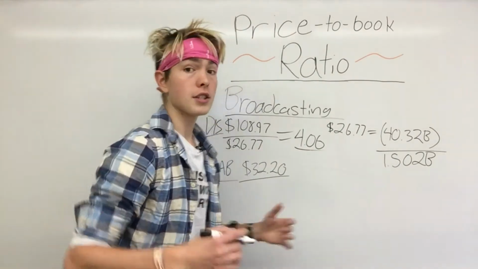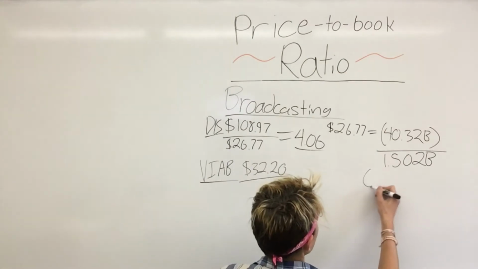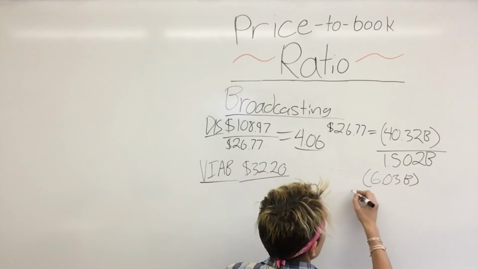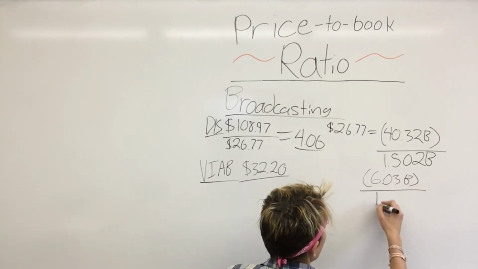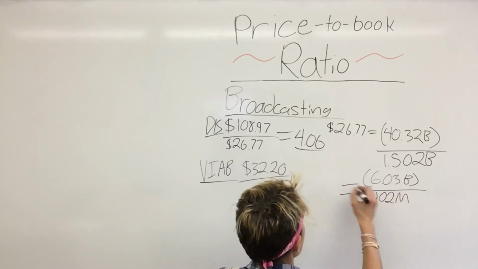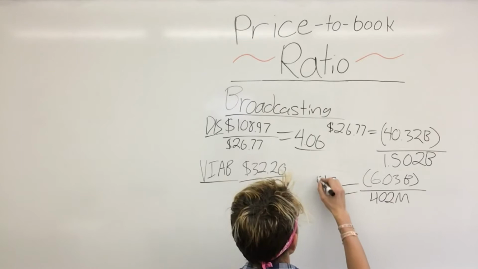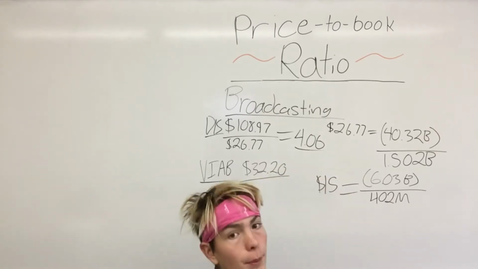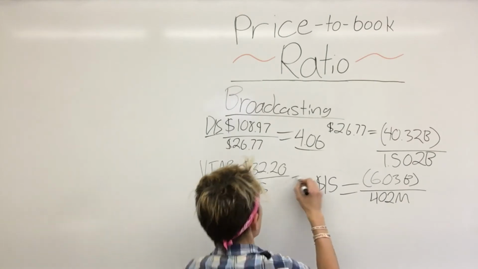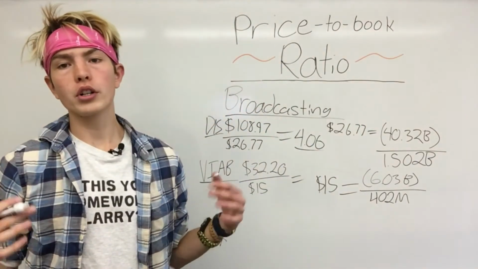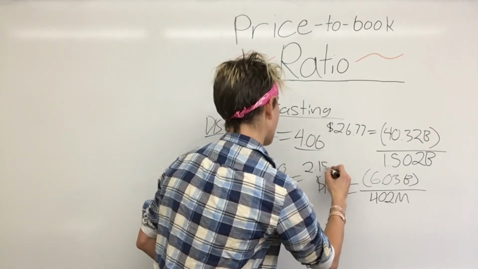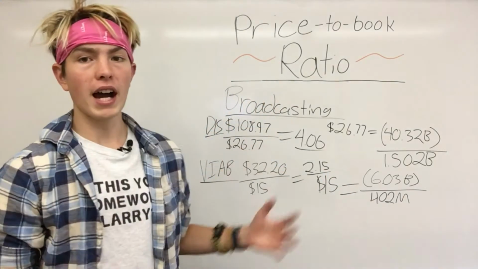The net assets of Viacom are worth about $6.03 billion, divided by their shares outstanding, which is about 402 million shares. We're going to end up with about $15 book value per share for Viacom. Plugging that in right here, $15, that comes out to a total of a 2.15 price to book ratio for Viacom.